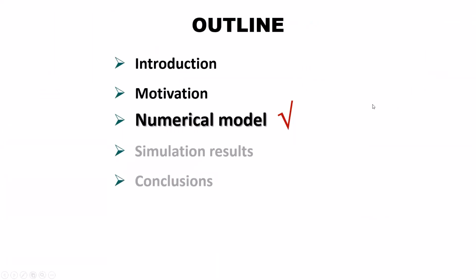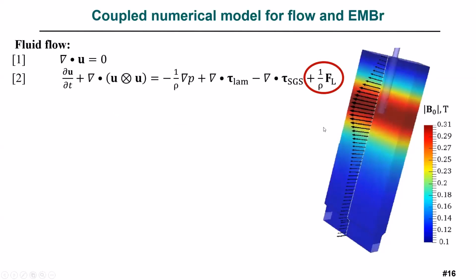Just briefly, to explain how magnetohydrodynamics can be included in the turbulent flow: we have the incompressible Navier-Stokes equations, and we use large eddy simulations. This is the wall-adapting large eddy model, because it includes not only the gradient of velocity but also the helical component, the second invariant of the gradient, since the turbulence becomes quasi-2D under the applied magnetic field.